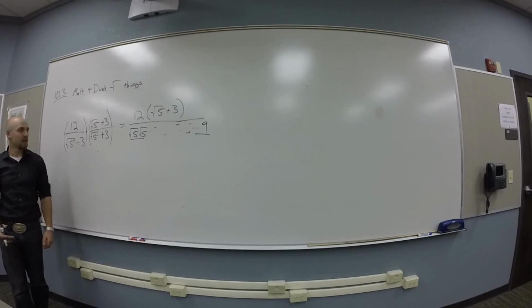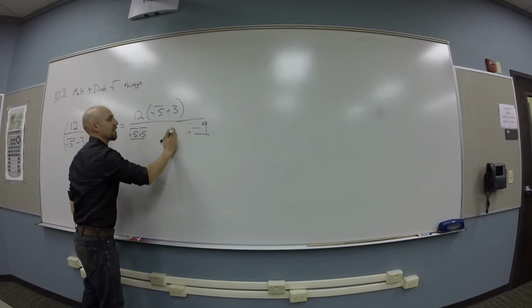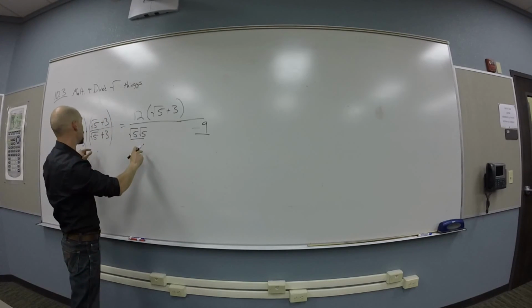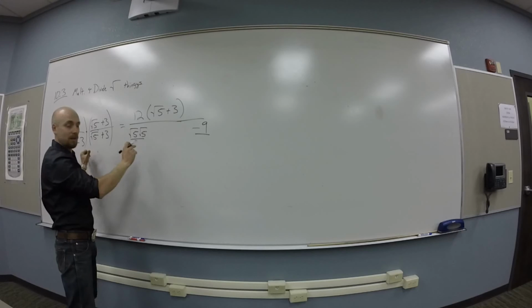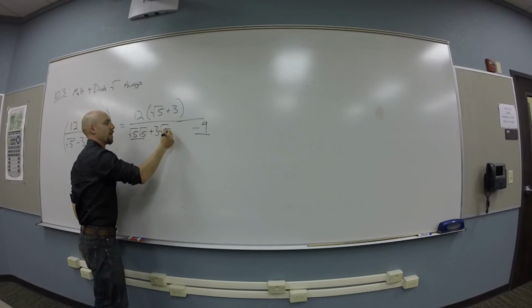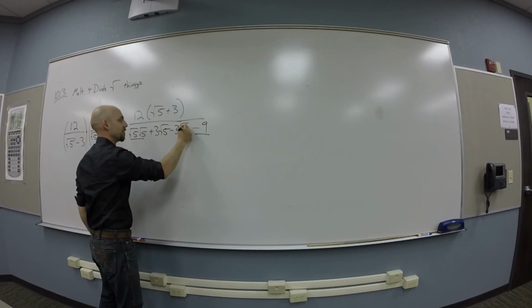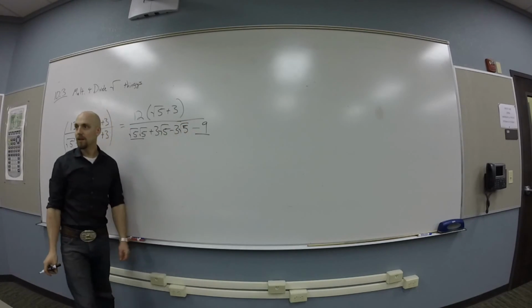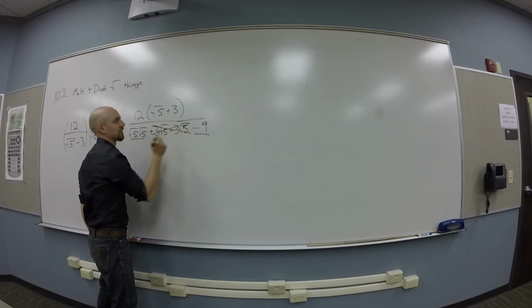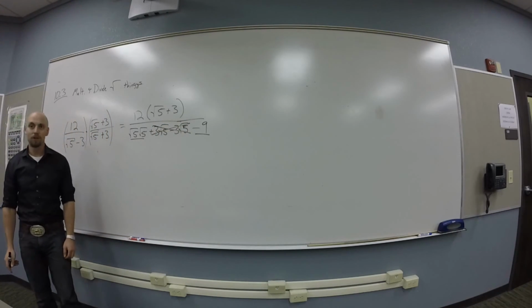If I wrote down all the pieces here, in the middle I'd have my root 5, and then my 3 minus root 5, and then 3. The outside term is 3 root 5, insides are minus 3 root 5, so these guys will cancel each other out, and I'll be left with something much more convenient.